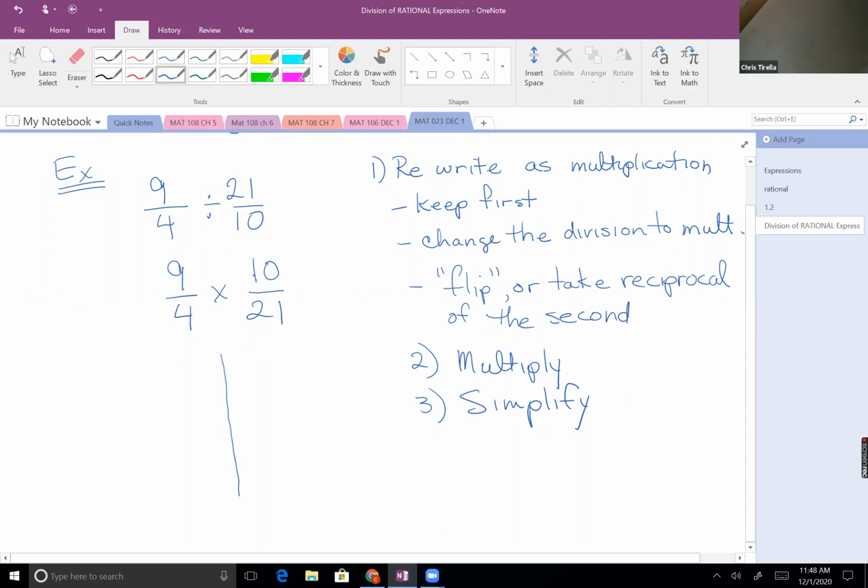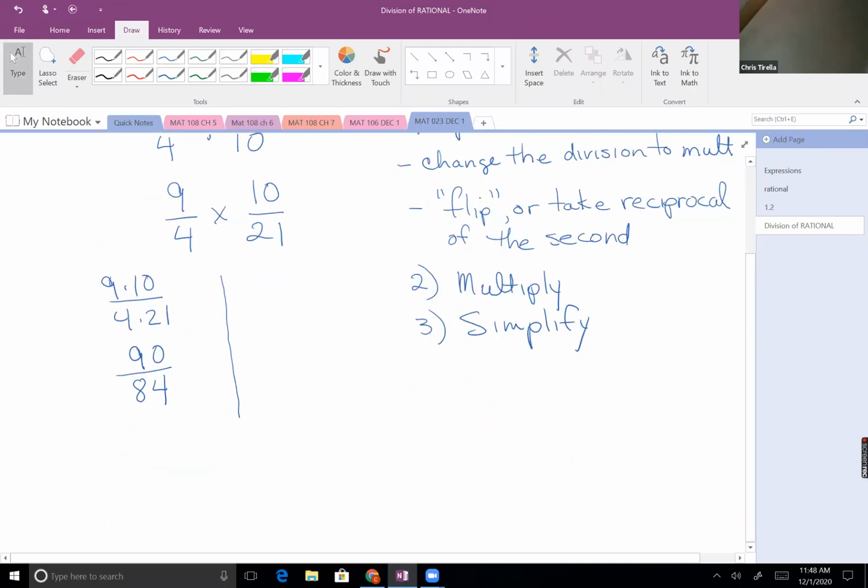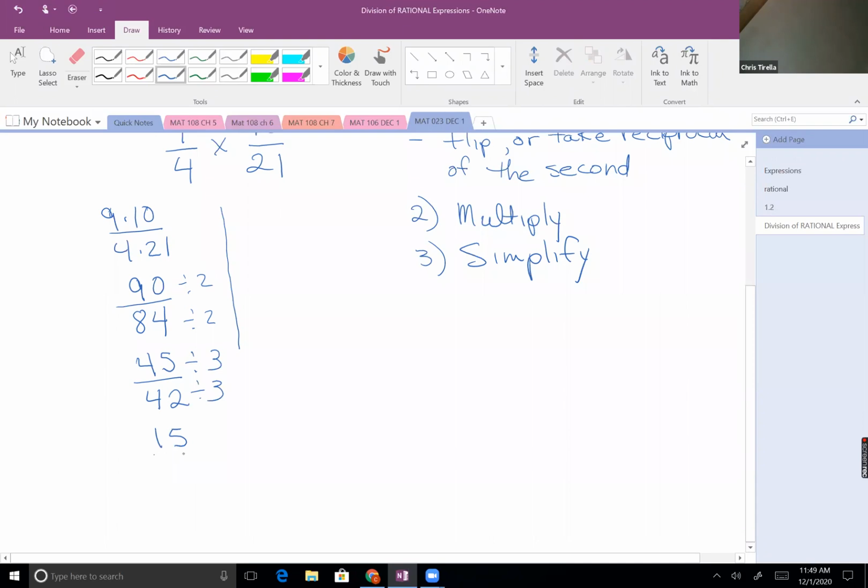One way, we could just multiply across, take 9 times 10 over 4 times 21, which would give me 90/84, and then reduce. To reduce, we could divide them both by 2, which would give me 45/42. And then we can divide those both by 3 and get 15/14.